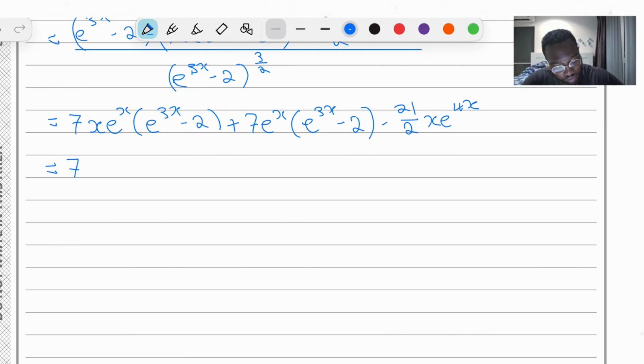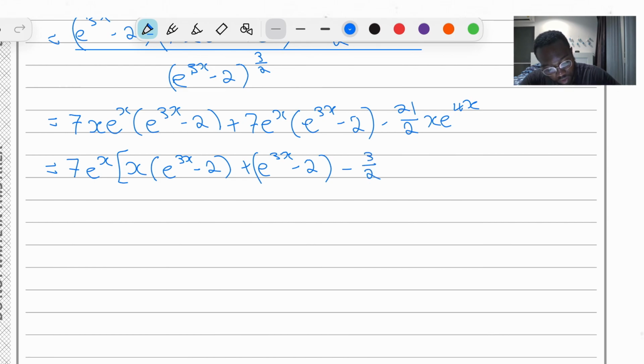So we'll just focus on the numerator for now. That would be a 7 e to the x. Okay, that would be x, and that's e to the 3x minus 2 plus e to the 3x minus 2. And then that would be a minus 3 over 2 x e to the 3x.